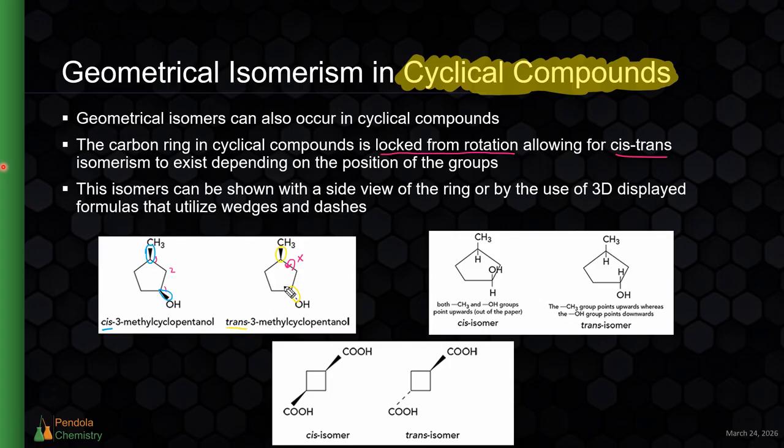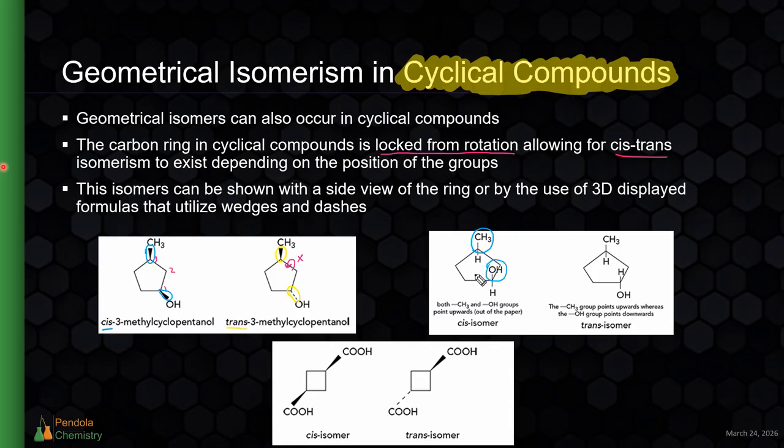Or one is in the front side, and then the other one's in the back side, if we want to see it that way. If we look at it from a side view, this is what we will see. These are the exact same molecules. On the left side we have the cis isomer, where we have that cyclopentane ring, so this pentagon, with the methyl group, CH3, coming out the top, and the hydroxide group also coming out the top.